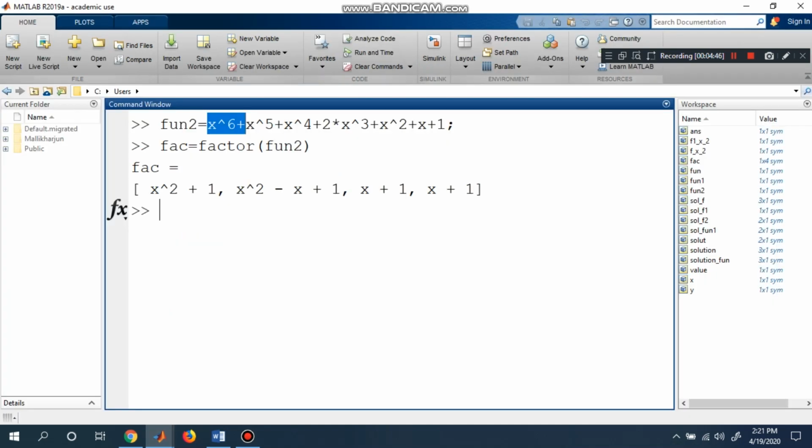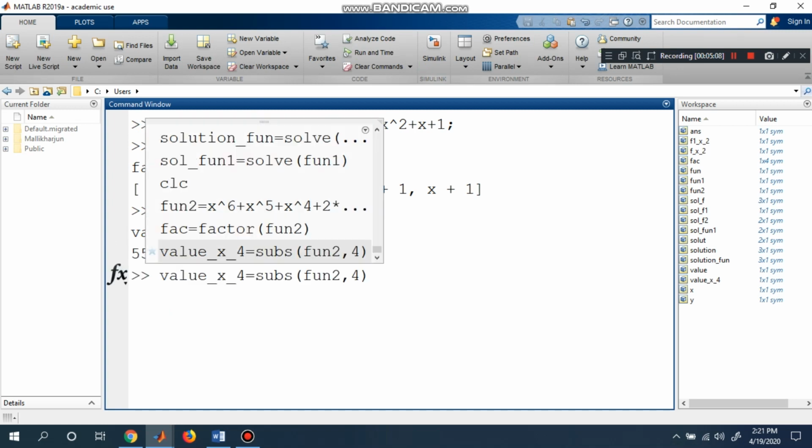Let us see in the command window. Substitute x in the polynomial function 2, where the x value is 4. See what we get is 5525.